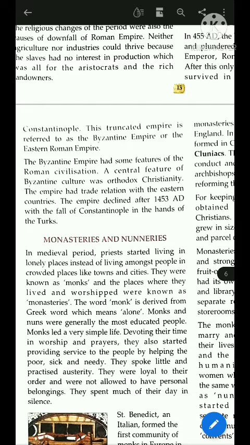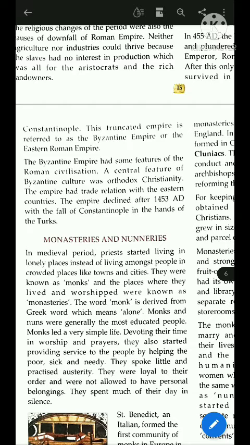The empire had trade relations, meaning business relations, with the eastern countries. The empire declined after 1453 AD.